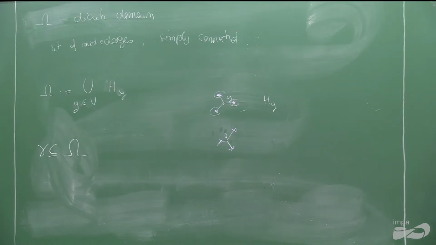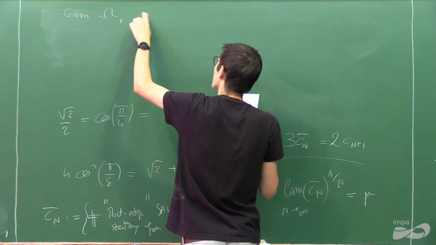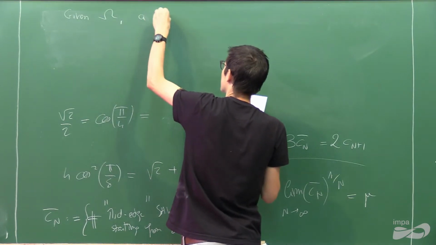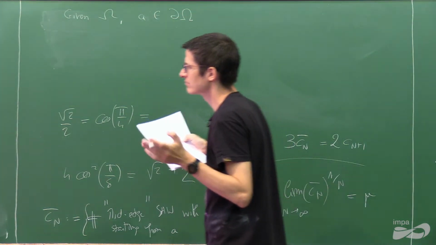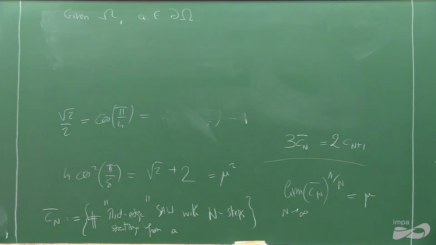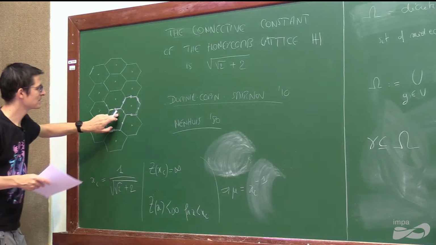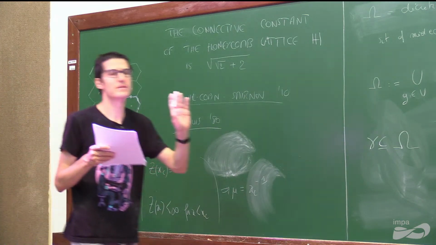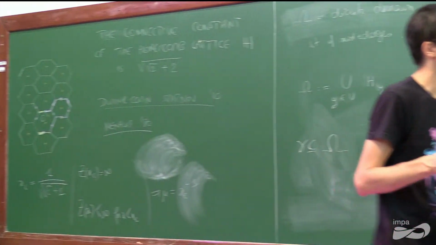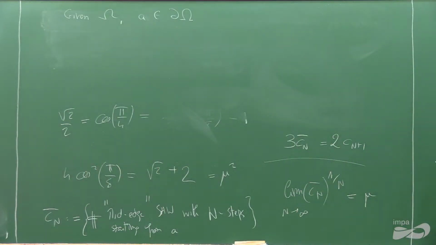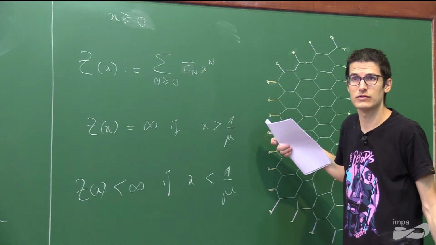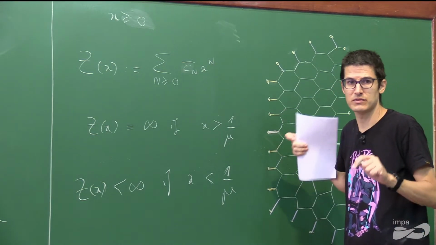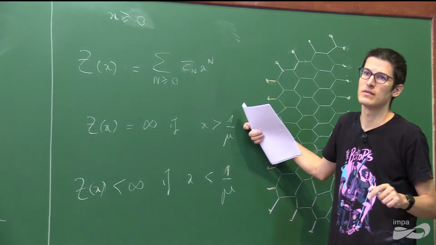So given omega, okay, a vertex A in the boundary. So, okay. I mean, later on, A will be this vertex, but now let's say that A is any mid-edge on the boundary. Okay. So the boundary, there are just mid-edges that are adjacent to mid-edges that are not in omega. Okay. Just the usual notion of boundary. It's internal boundary, so it's a set in omega that are adjacent to mid-edges that are not in omega.